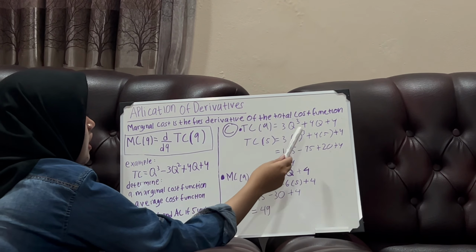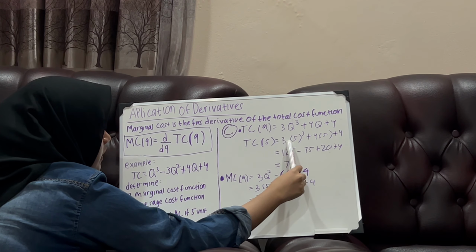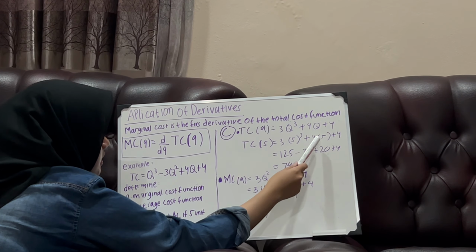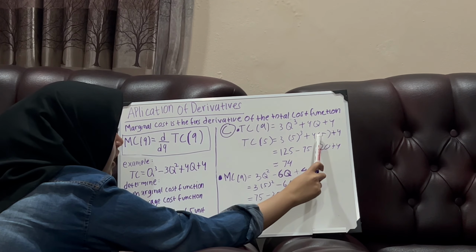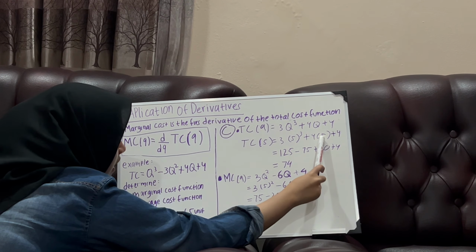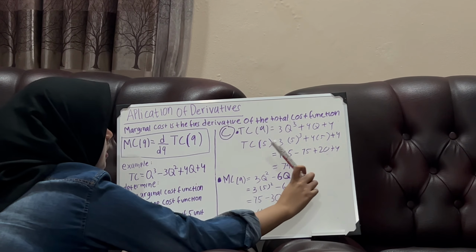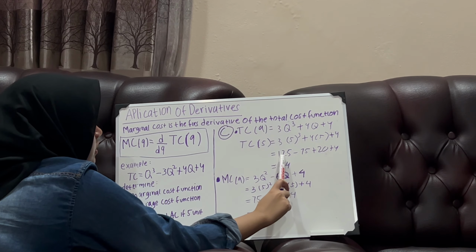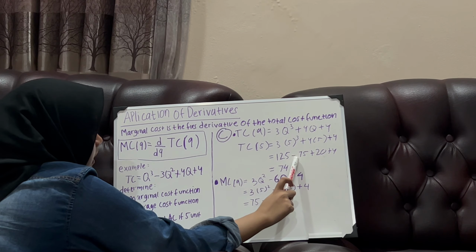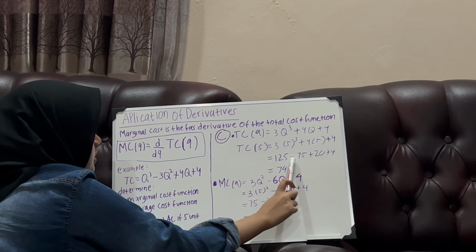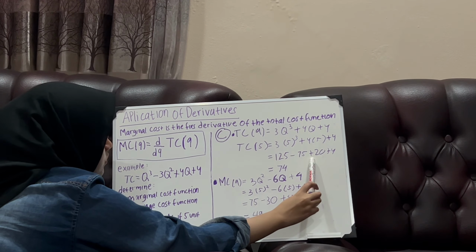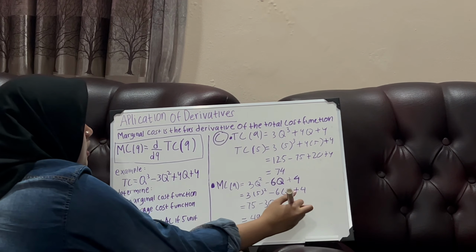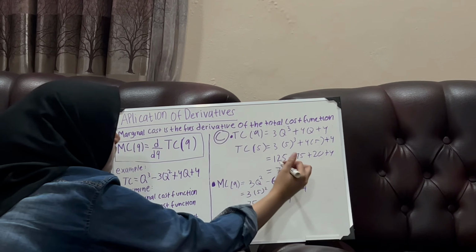Equals 5 cubed minus 3 times 5 squared plus 4 times 5 plus 4 equals 125 minus 75 plus 20 plus 4. The result is 74.